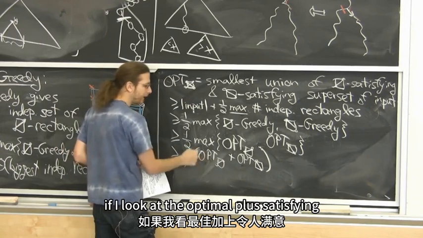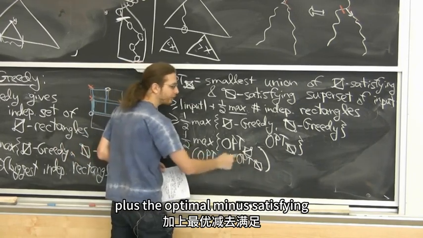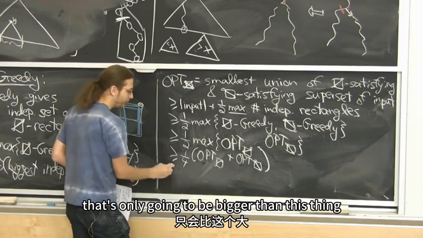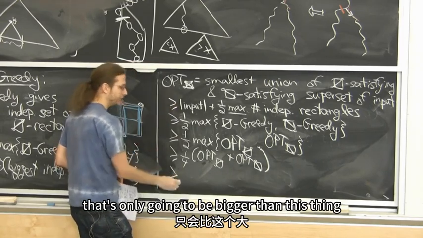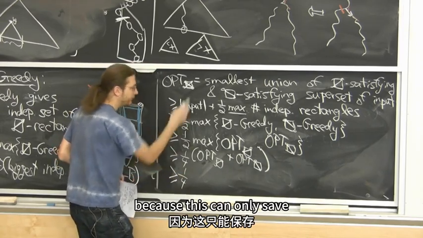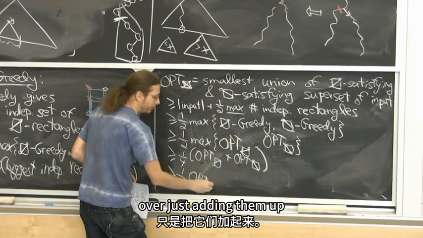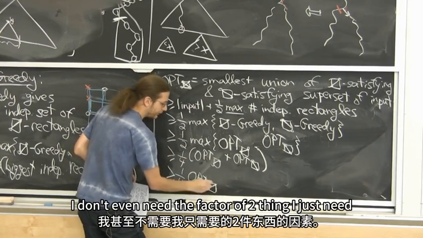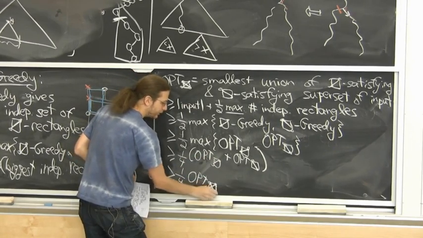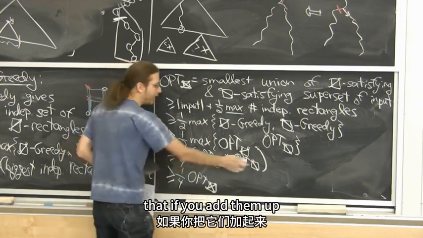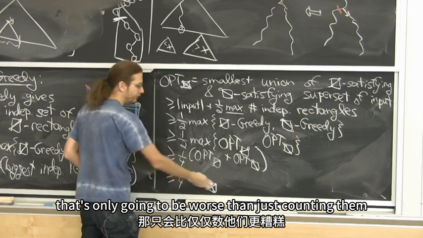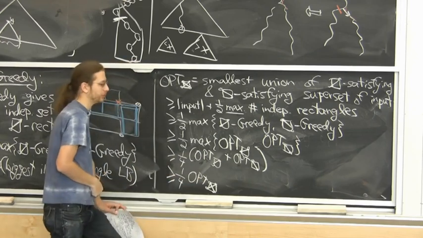If I look at the optimal plus satisfying plus the optimal minus satisfying, that's only going to be bigger than this thing, because this can only save like a factor of 2 or whatever over just adding them up. But I don't even need the factor of 2 thing. I just need that if you add them up, that's only going to be worse than just counting them as the union.